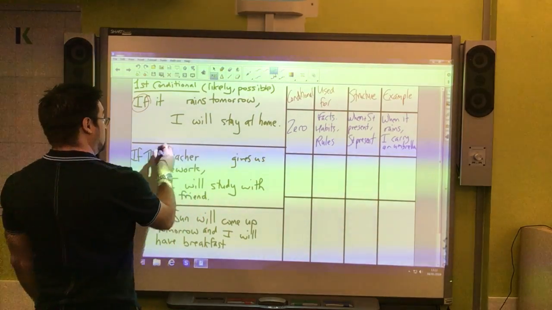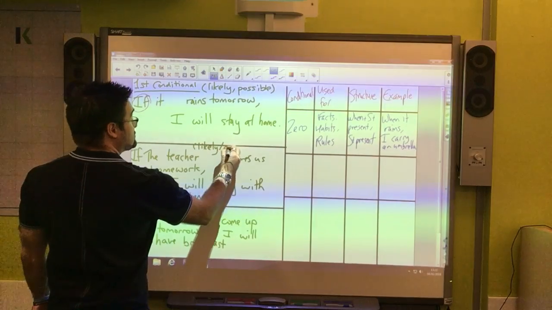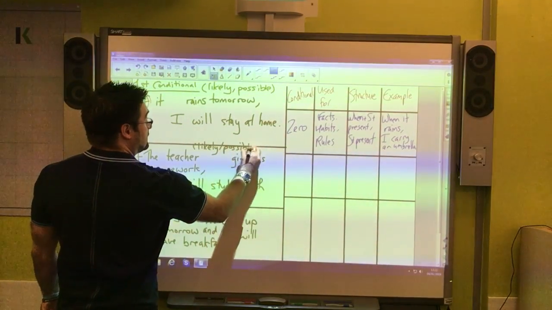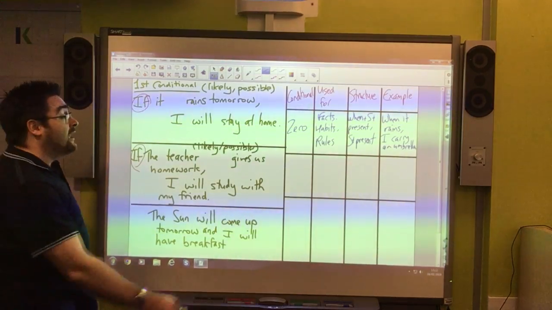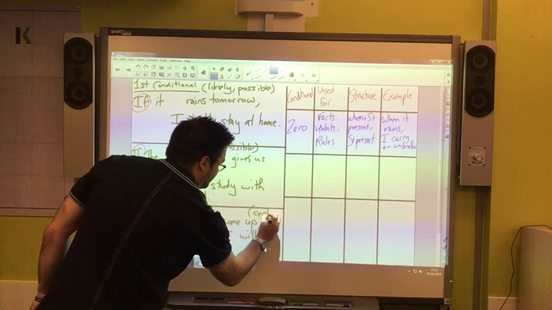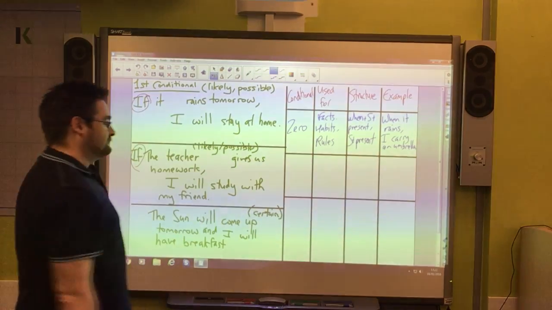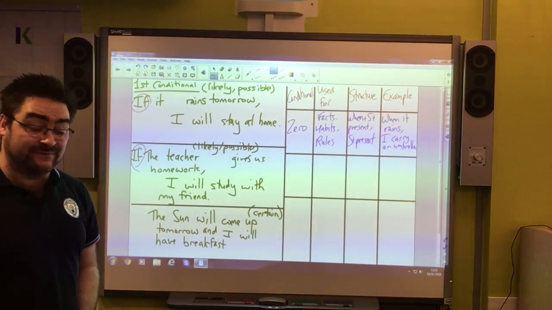This is also likely or possible. So again, we're using if. But this one down here is certain. As I mentioned, it could be 99% certain or 100% certain.